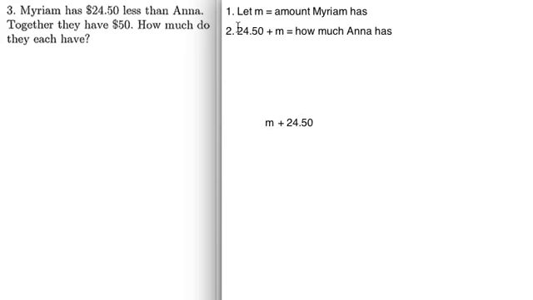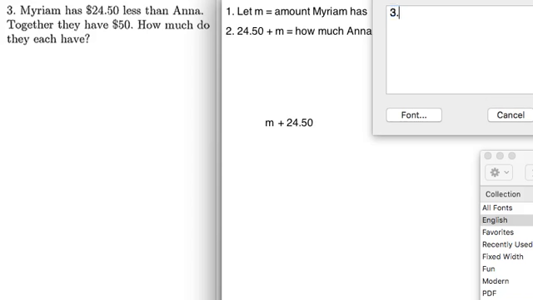Okay, I've got my expression for Anna, my expression for Miriam. What's the piece of information in this problem that I haven't used yet? And also think, what are two things that are the same as each other that I can put on either side of this equal sign? It says together they have $50. I haven't used that yet. There's no 50 showing up anywhere here.